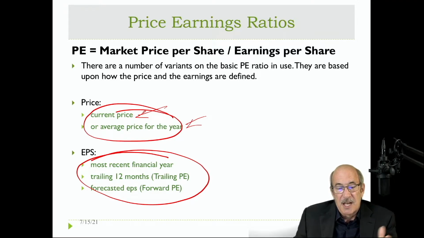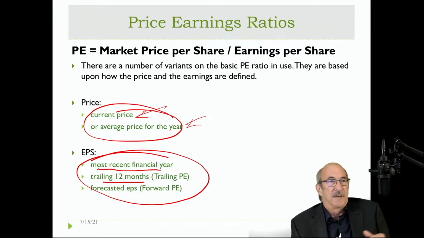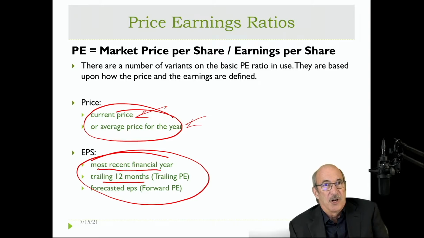Likewise, in the denominator, I can use the most recent fiscal year, which may or may not be equal to the trailing 12 months. Trailing 12 months is the most recent 12 months. If my fiscal year ends December 31, and we're here in July, trailing 12 months is going to be quite different from the most recent fiscal year.